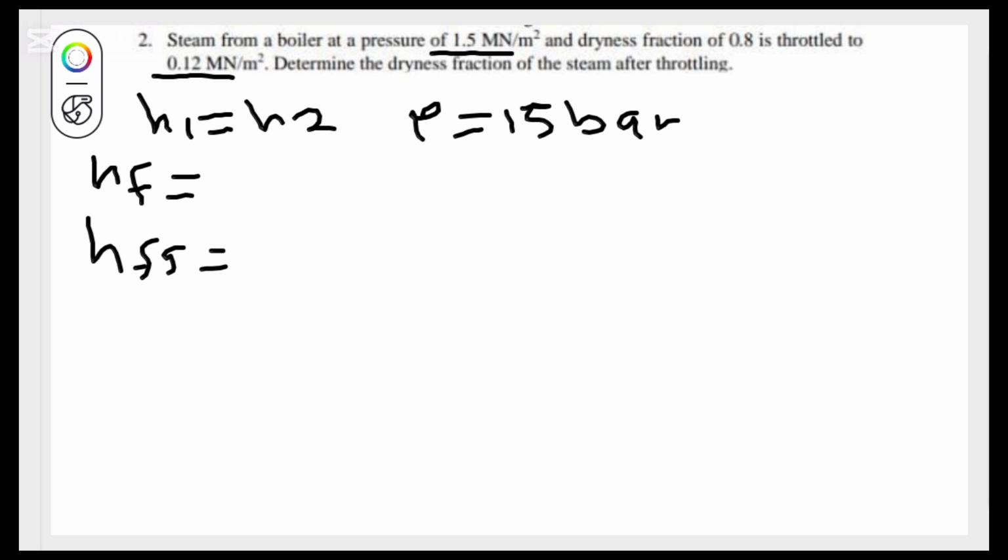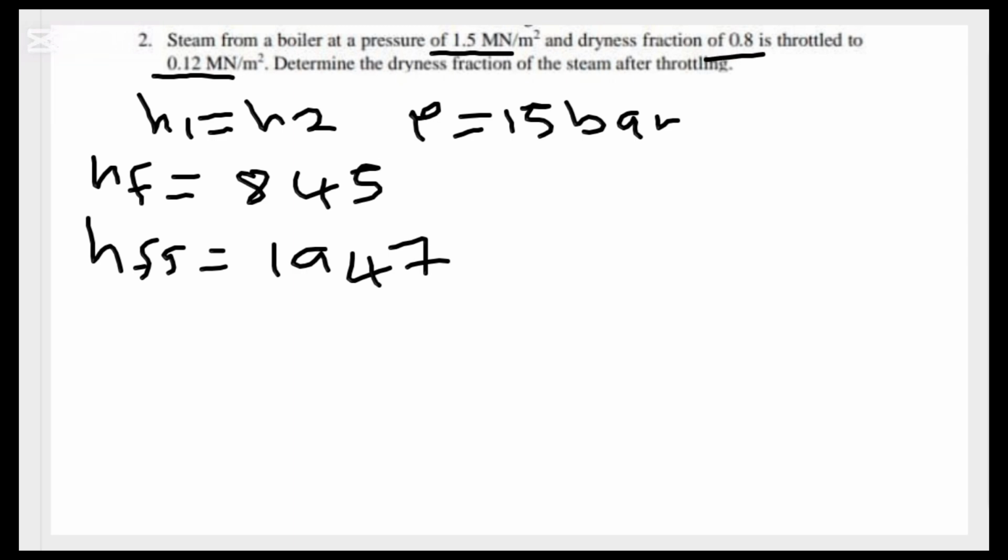So as you can see, the h_f is 845 from the steam table, and this is 1947. Since our dryness fraction x1 is 0.8, I will say x1 is 0.8 here.